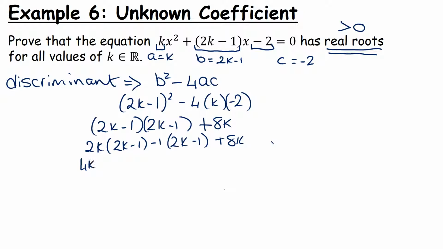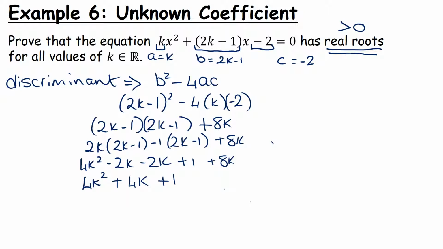So 4k squared minus 2k, minus 2k, plus 1 plus 8k. So we have 4k squared, a minus 2k and a plus 8k, which is going to end up giving us plus 4k and plus 1.